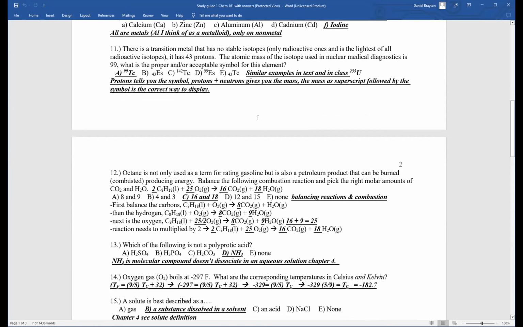Number 11 is another one of our isotopes, right? Protons and neutrons. And if you look, let me pull up the periodic table that we've been using.